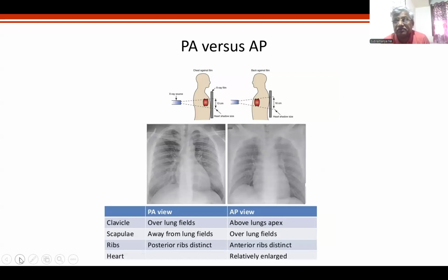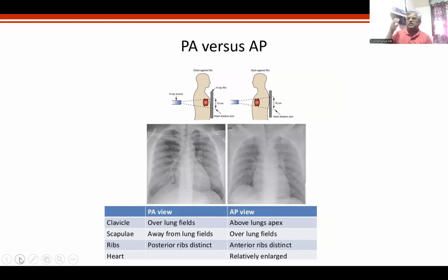Now I'll come to PA versus AP. Please understand, one hint I can give you, this is not from the textbooks, but from our experience. Any child below 5 years of age, generally, you will go for AP because the child won't cooperate, and often it is difficult to take a perfect PA film. You understand?